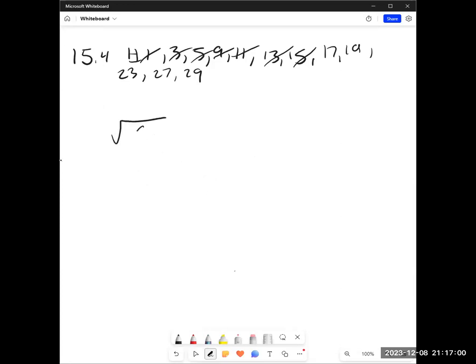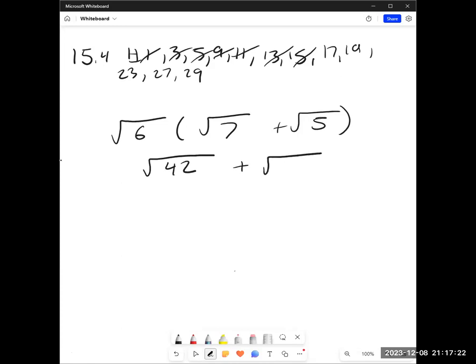Now we're going to multiply and simplify. This is going to be the square root of 7 times 6, which is 42, and 5 times 6 is 30.